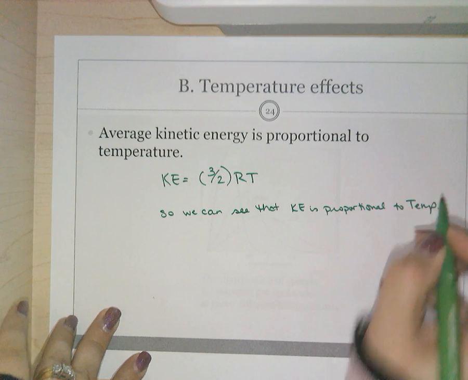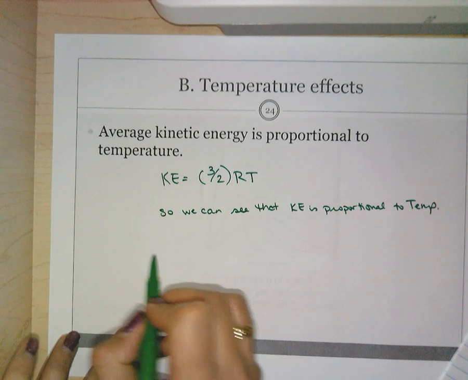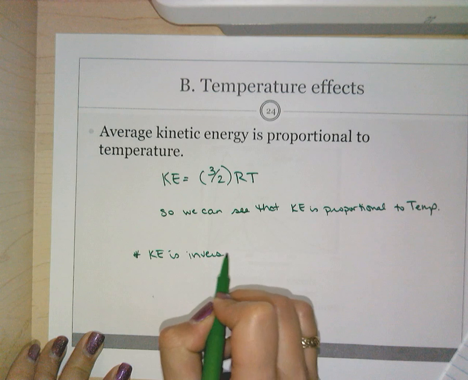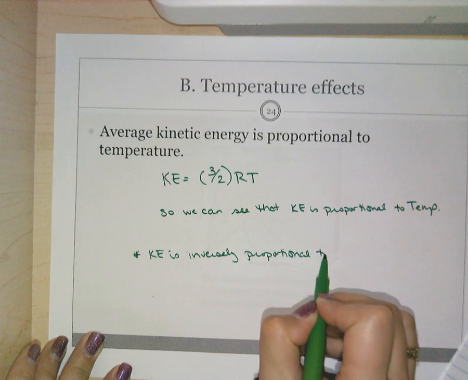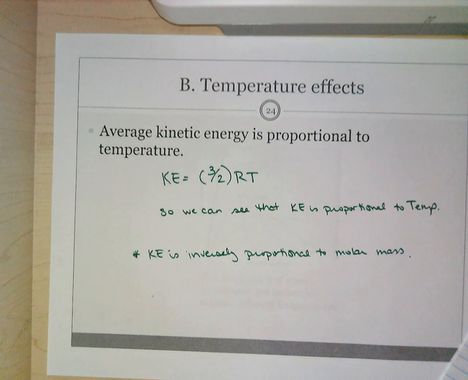So you can say kinetic energy is proportional to temperature, which means as the temperature rises, the kinetic energy increases. If the kinetic energy increases, it can move faster. And on the other hand, kinetic speed is inversely proportional to molar mass. As it gets heavier, slower.